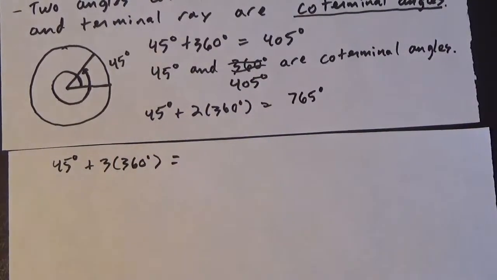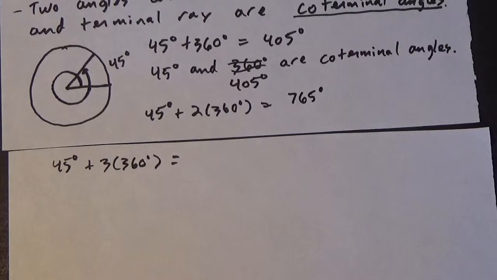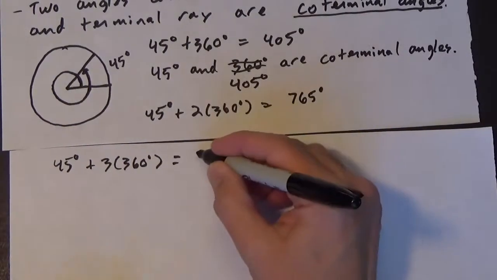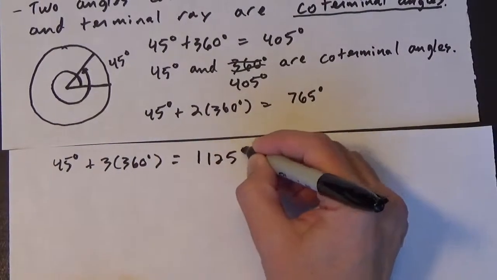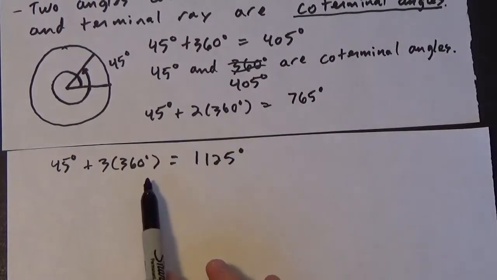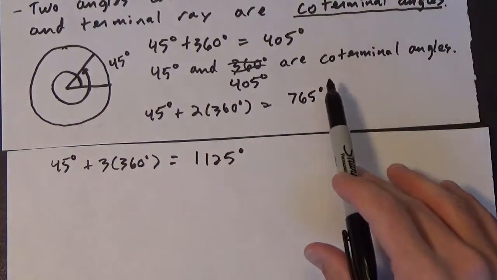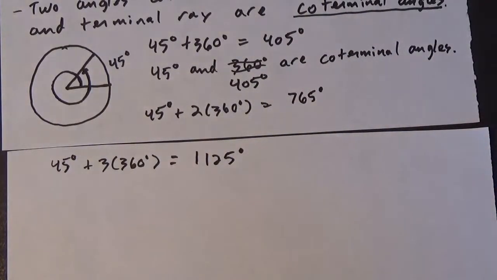You guys probably know it. 360 times 3 is 1080 plus 45 is 1,125 degrees. So anyways, you can keep on going. So 45 degrees, 405 degrees, 765 degrees, 1,125 degrees, those are all coterminal angles.